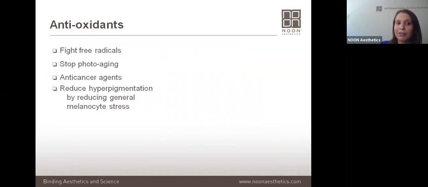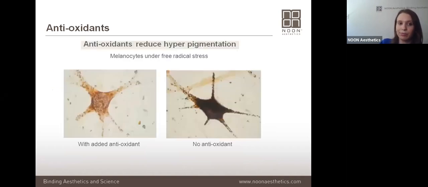Antioxidants are fighting free radicals. They also stop photoaging. They are anti-cancer agents. And of course, they are reducing or inhibiting the melanin by reducing the melanocyte stress.